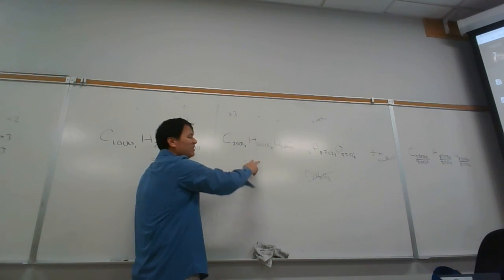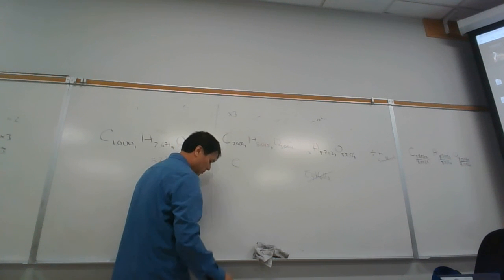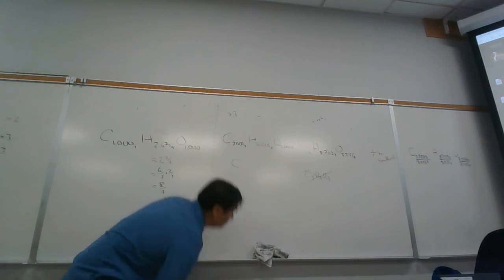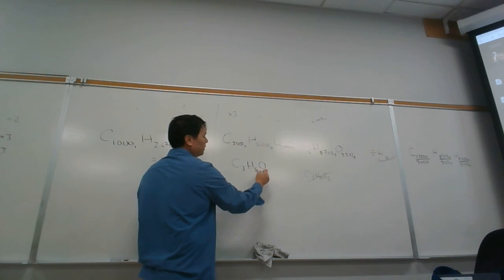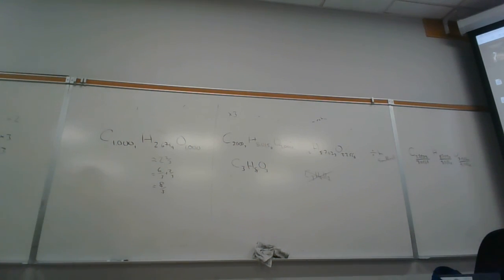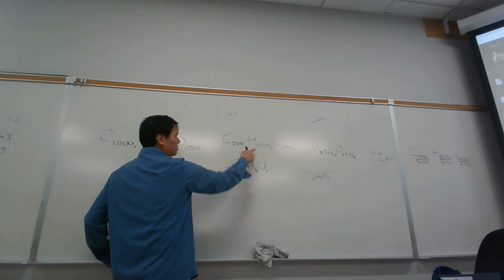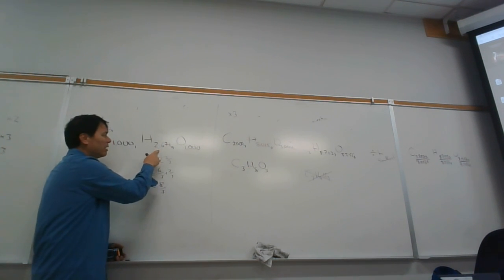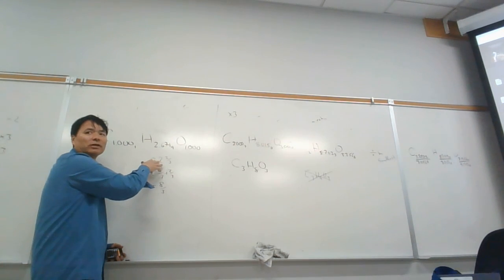No. This is close enough to 8. And so what we're going to do is we're just going to call this C3H8O3. That would be the formula there. And so here, I'll just round that to 8. That's close enough. Here, I don't want to round that to 3, because it's a little bit far off from 3.